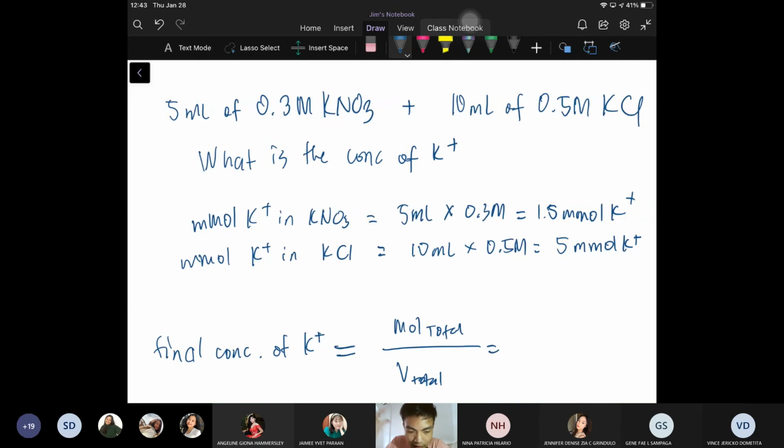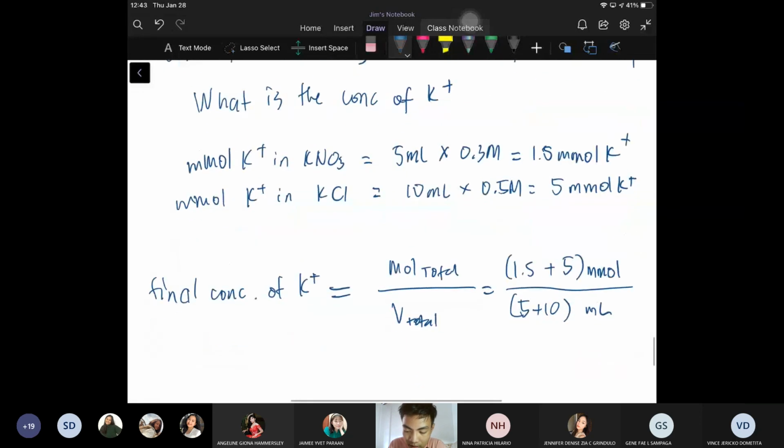So, ipag-add nyo lahat ng millimoles. So that's 1.5 plus 5 millimole. Okay? Then, yung volume total. Kasi naghalo ka ng dalawang solution, di ba? So, ano yung volume total? 5 plus 10 ml. Again, millimole divided by ml is molarity. Okay, so molarity yan.